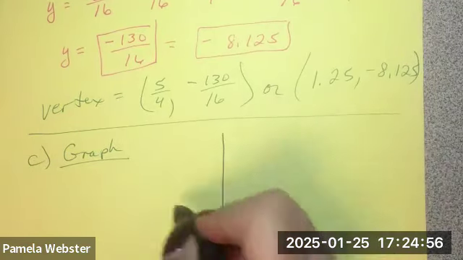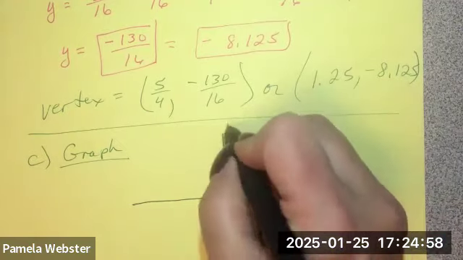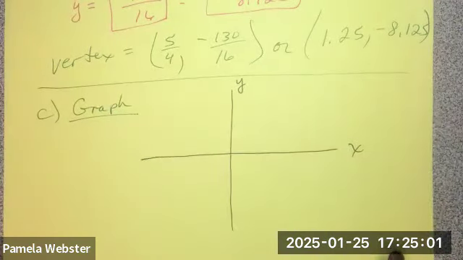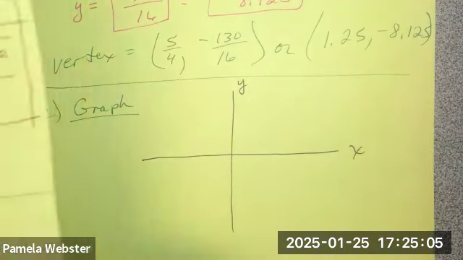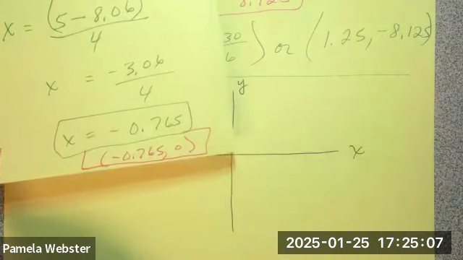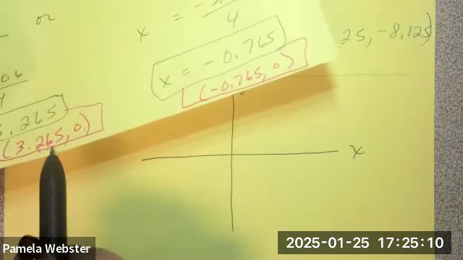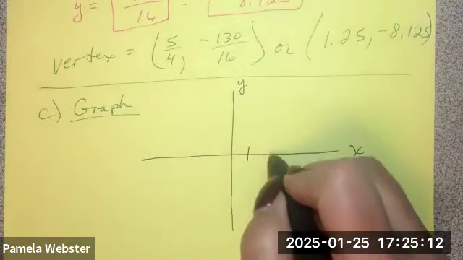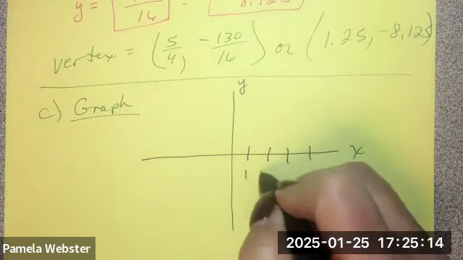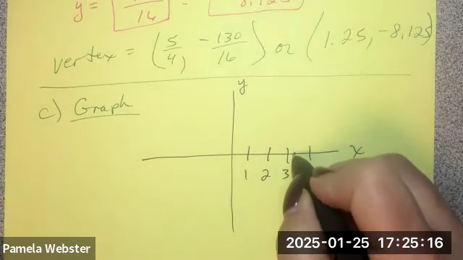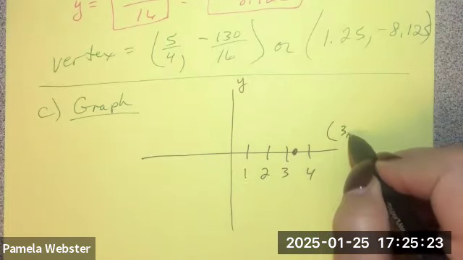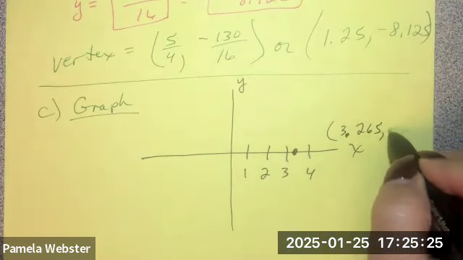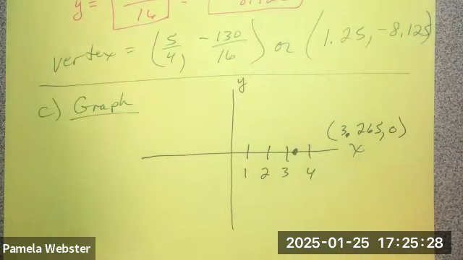Okay, so I've got my coordinate system. I've got an X, I've got a Y, and here's the stuff I know. I have an x-intercept at 3.265 and 0. So 1, 2, 3, 4. Here's the cool part. I don't have to have exactly that point. If you want to, you can try to make it as close to 3 as possible or whatever.